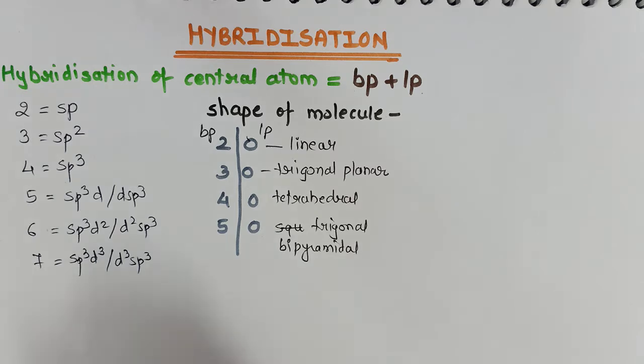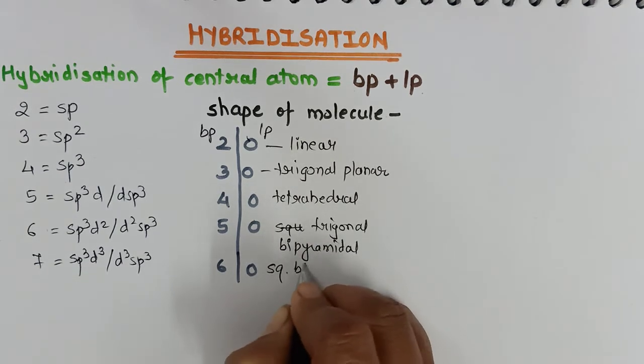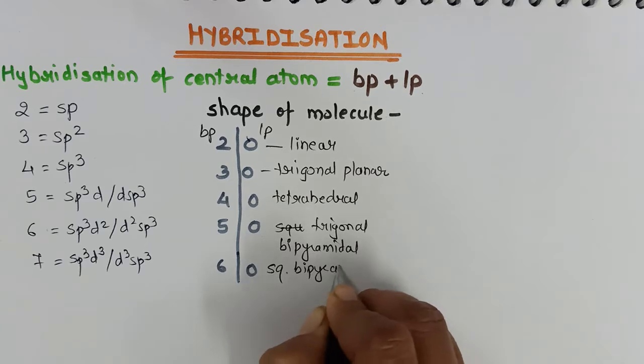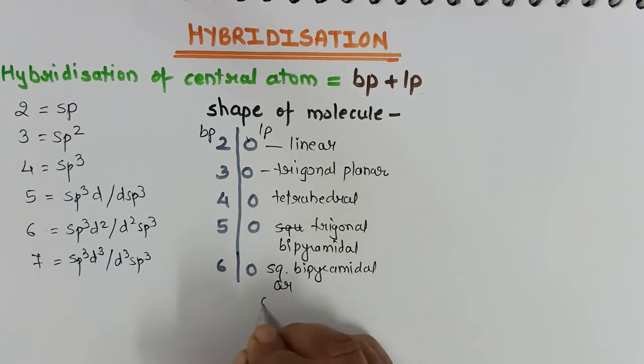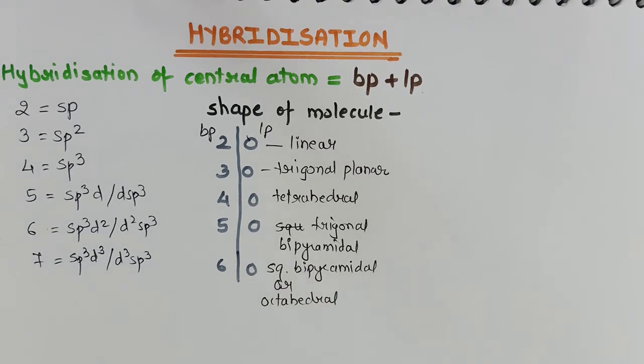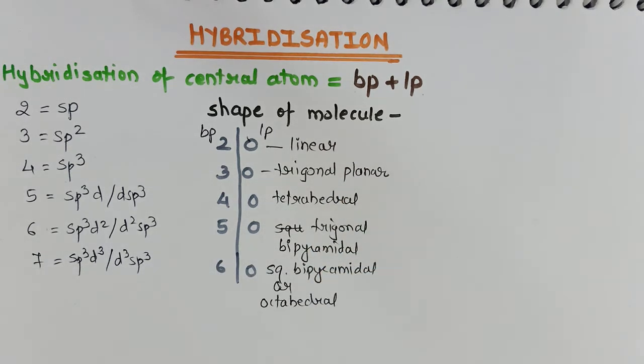As well as if 6,0, that means 6 bond pairs and no lone pair, then it indicates square bipyramidal or octahedral geometry. Square bipyramidal and octahedral mean one and the same thing.